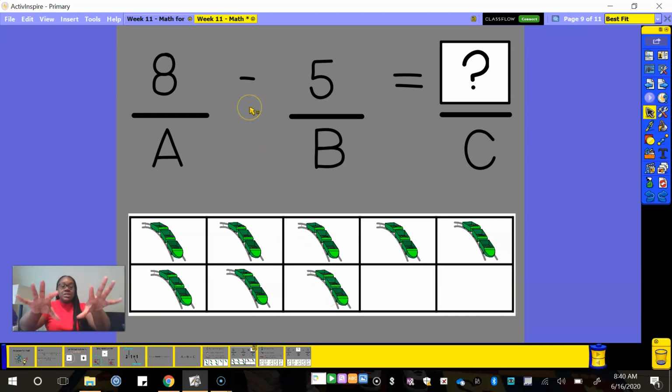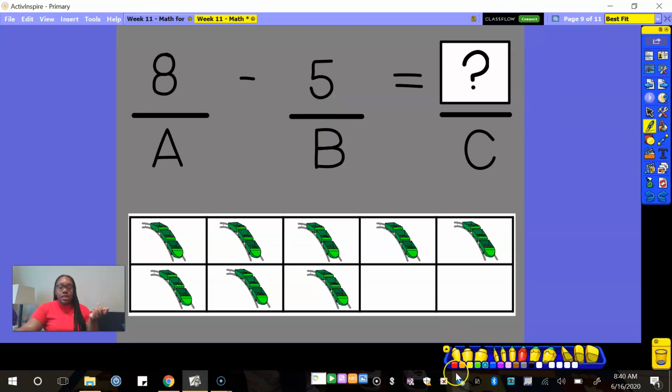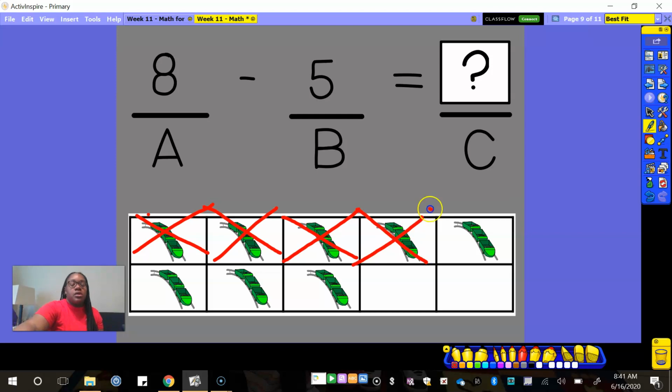And so we're going to take away how many? 5. Good job. So I'm going to get my writing tool and I'm going to cross out 5 roller coasters. Here we go. 1, 2, 3, 4, 5.